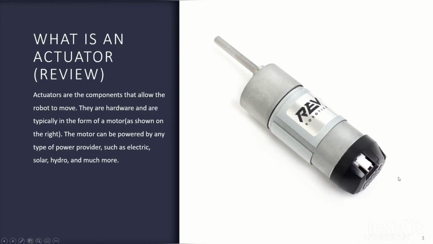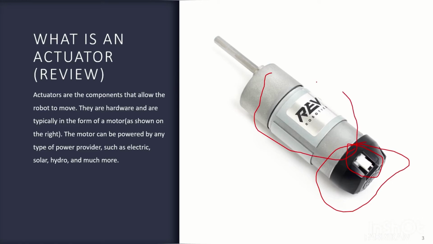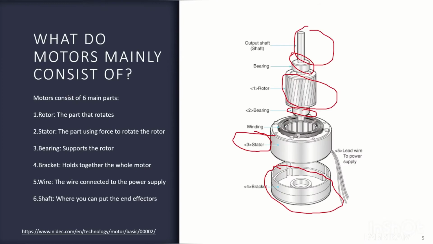So here we can connect the wire over here. And then we also have our bracket overlaying the whole thing. We can also consider this whole section of bracket. On the inside, you'll see mainly the components. Then here's the output shaft, just to give you a real look at the motor.